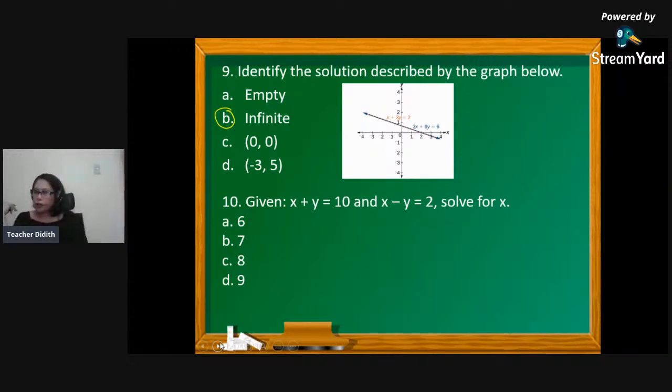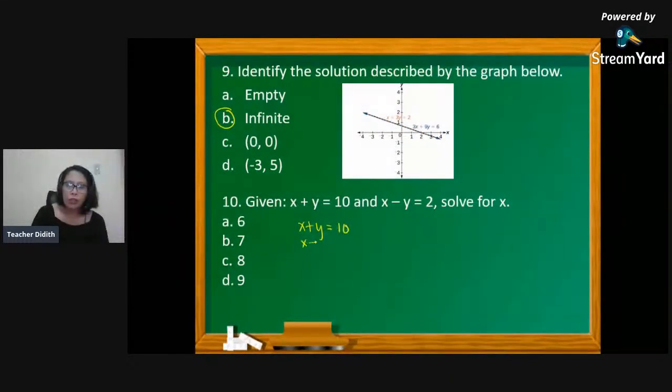Yung mga sagot na, it's A. Tingnan natin. If we're going to use elimination and we use addition because we want to eliminate y because we're asked to solve for x, so immediately we can have an answer for x. So we will use addition as what I've mentioned.